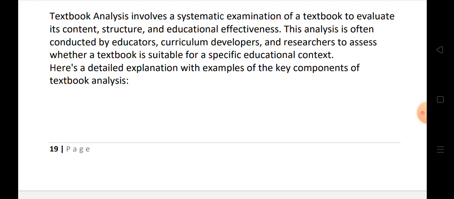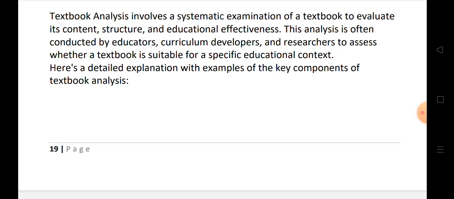When we analyze a textbook, we have to see what its structure and format are, what the content of the book is, and what its educational significance or effectiveness will be.